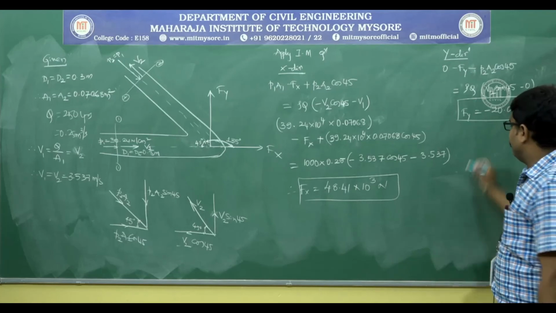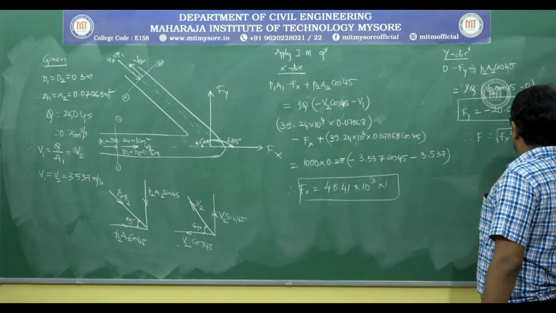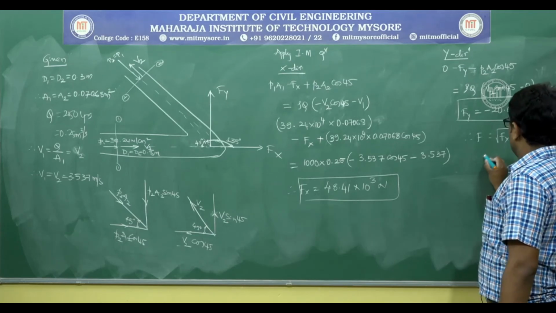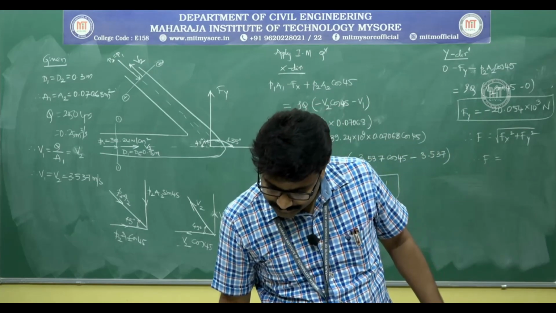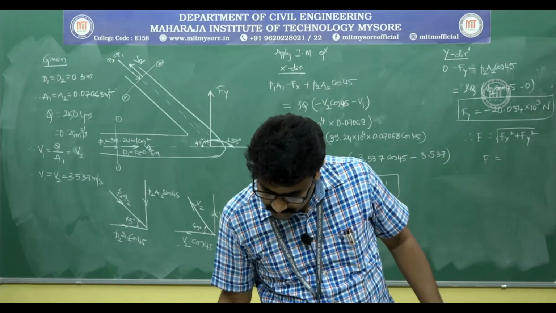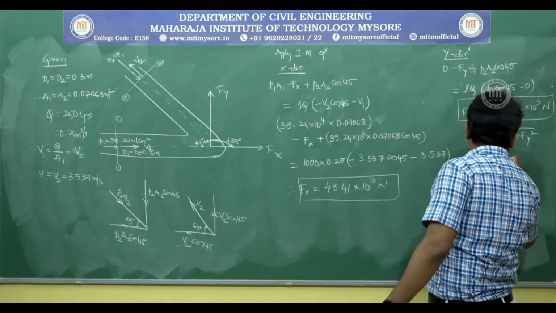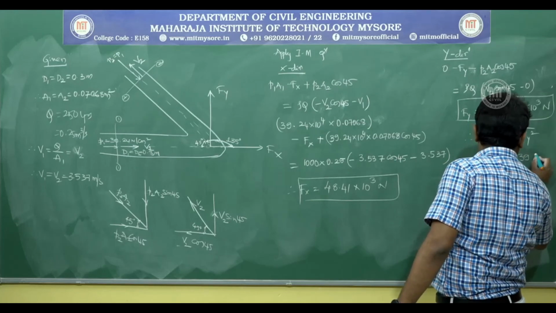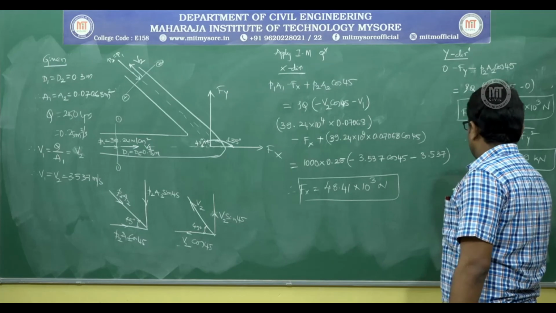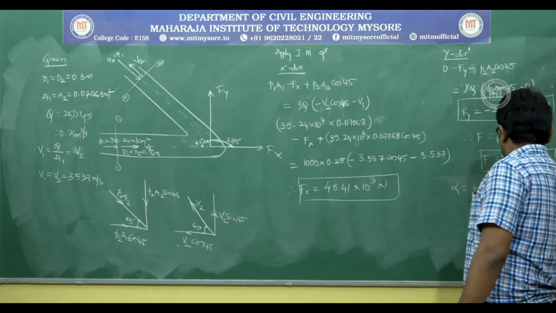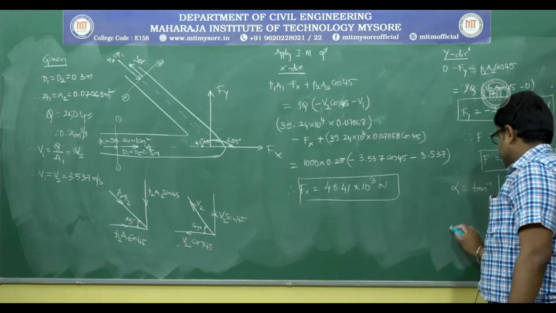Once you get Fx and Fy, F is equal to root of Fx square plus Fy square. Therefore, the resultant force F is 52.39 kilonewton, and alpha is tan inverse of Fy by Fx in modulus.